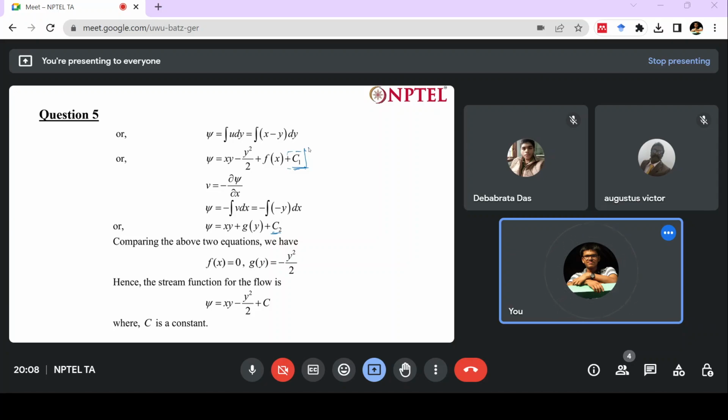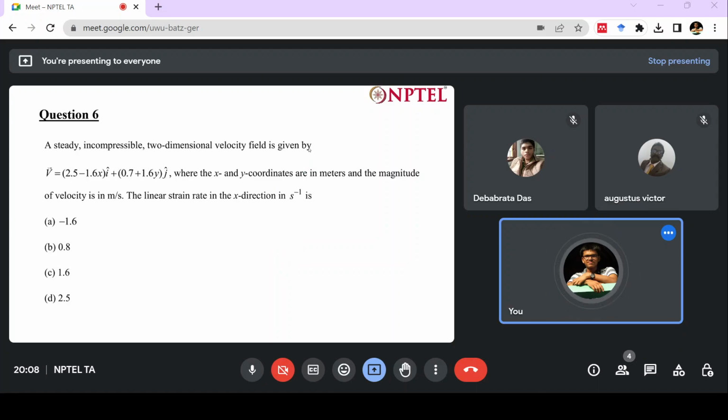Okay, let's go to the next question. So this is a very straightforward question. A velocity field is again given. What we have to do is find the linear strain rate. So can you do that?